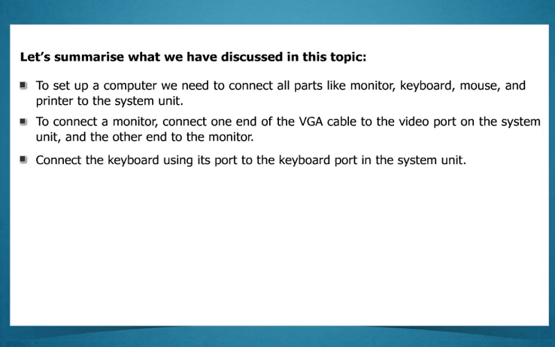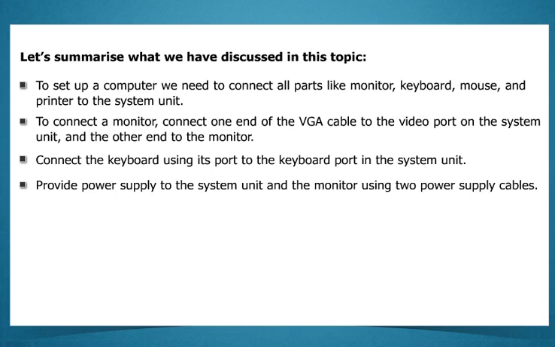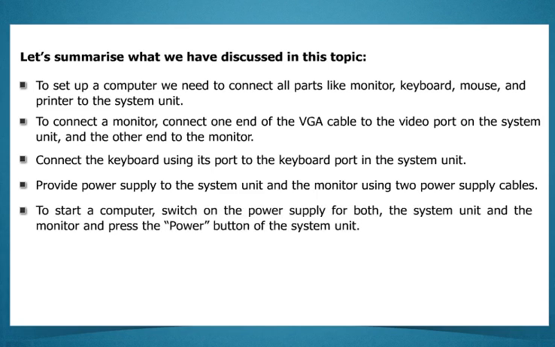Connect the keyboard using its port to the keyboard port in the system unit. Provide power supply to the system unit and the monitor using two power supply cables. To start a computer, switch on the power supply for both the system unit and the monitor and press the power button of the system unit.